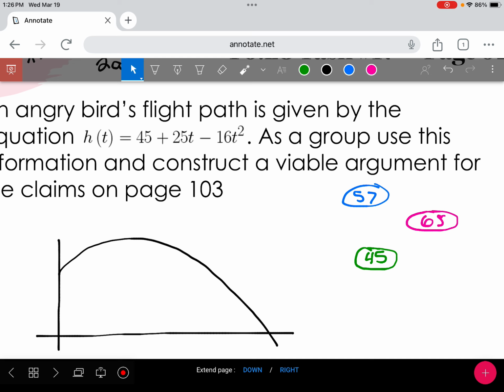What do we notice about this? Look at our equation up here, guys. What is our y-intercept on our equation? The y-intercept on this one is going to be 45. So is this going to hit a pig that's at a height of 45?